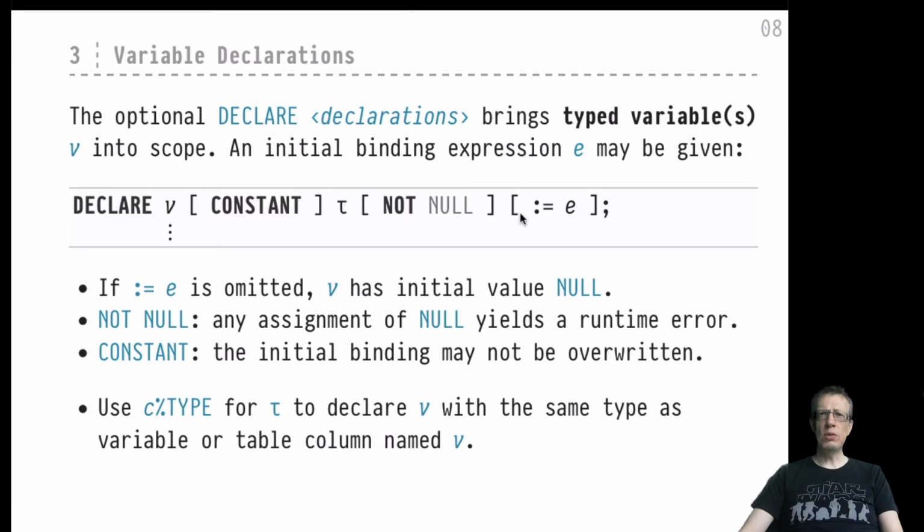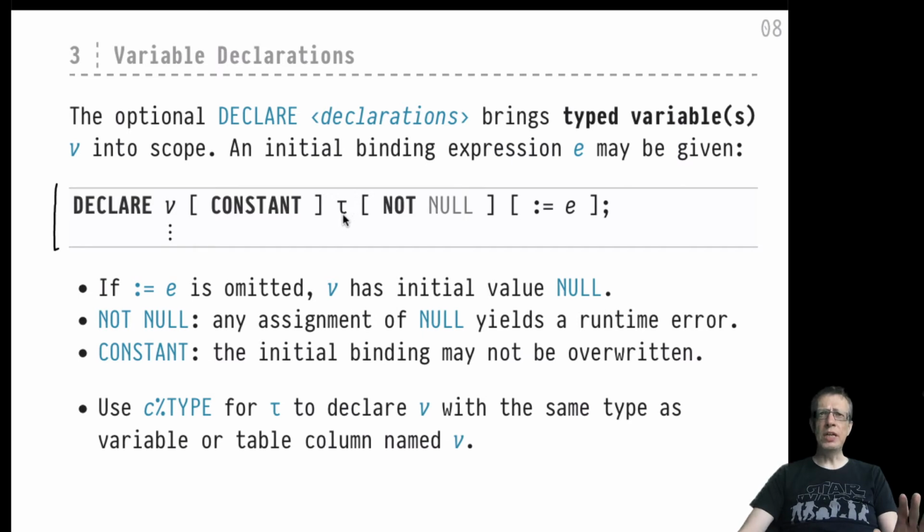As you've seen, when we declared variable x, we assigned type text to this particular variable, and this is expressed by the declare statement in PL/pgSQL. So a new variable name is introduced, and the values of this particular variable will be of type tau.